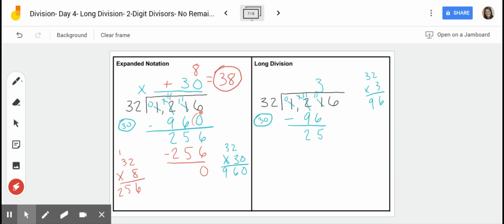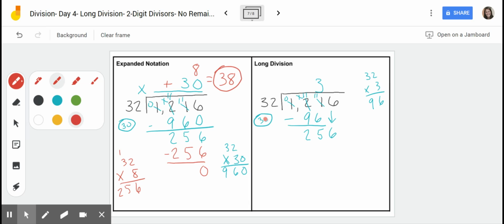We ignored the 0. 25, the amount that's left over, is the first two digits in 256, the amount that was left over in our first subtraction step. All right, now, once we have subtracted, 25 is less than 32, so we bring down the next digit, 6. We have 256. That's an exact match to what we had with expanded notation.